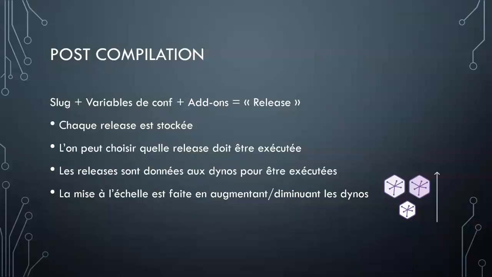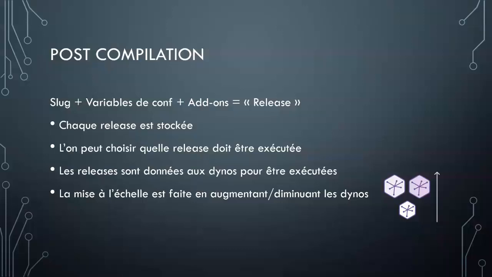The search of dependencies, the setting up of configuration variables and add-ons. Everything happens under the control of Heroku. The user only sends code changes to Heroku. You don't need to know all the steps, although it's useful to know in case of a problem in order to identify where the problem comes from.